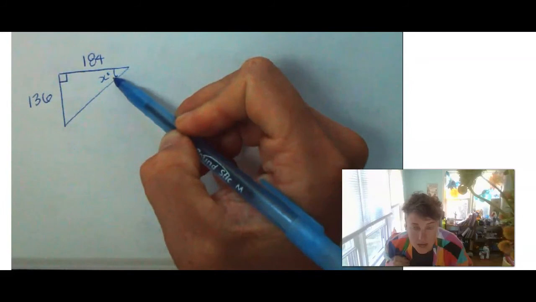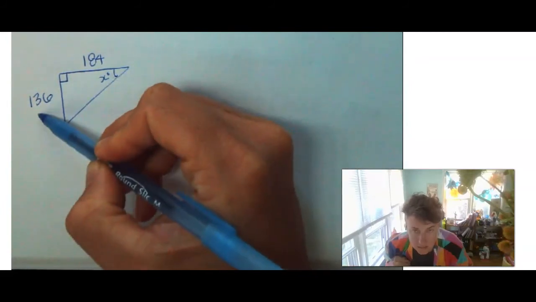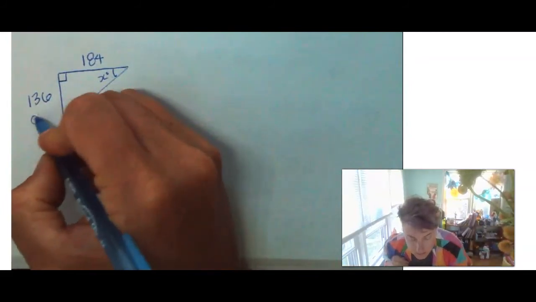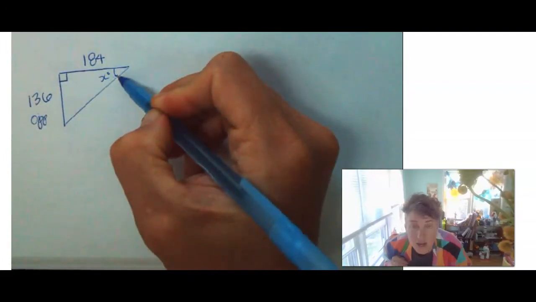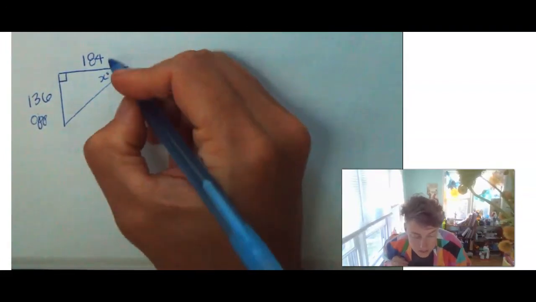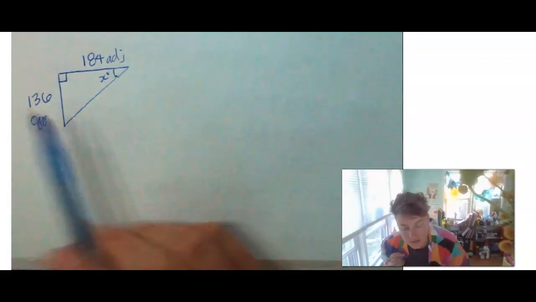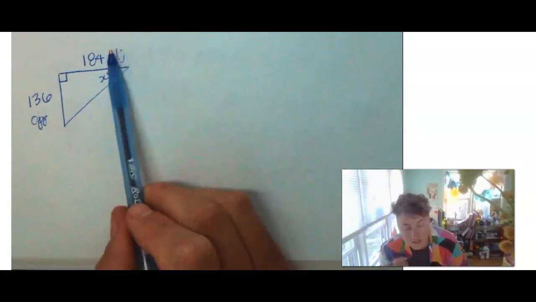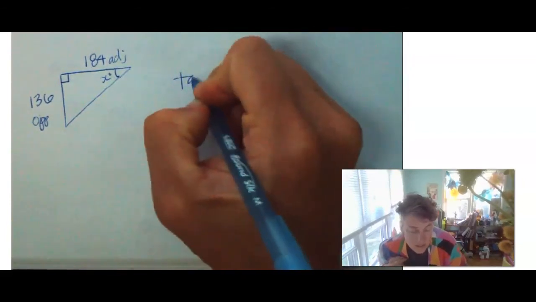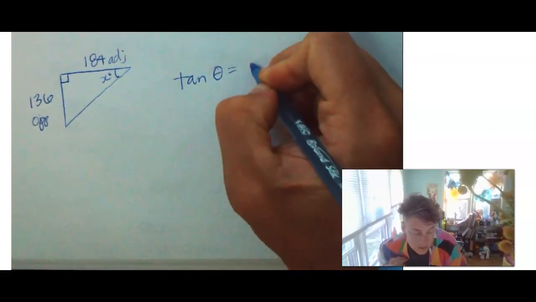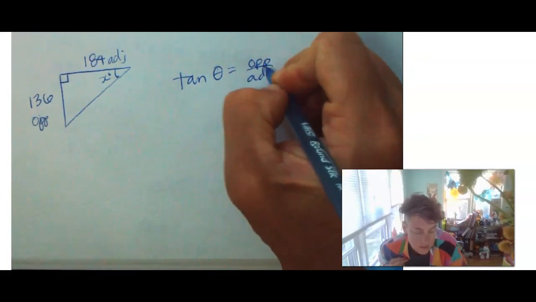We know the side opposite x is 136. We know the side adjacent to x is 184. So again, what relationship are we going to use that has the opposite side and the adjacent side? It's our good friend tangent. Tangent of some angle is the opposite over adjacent.